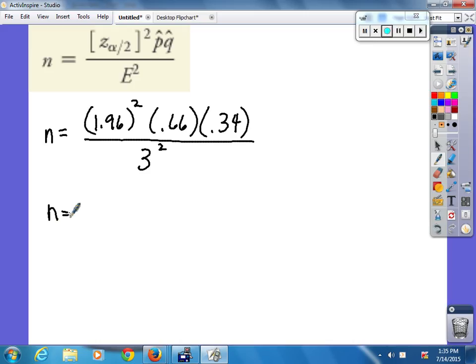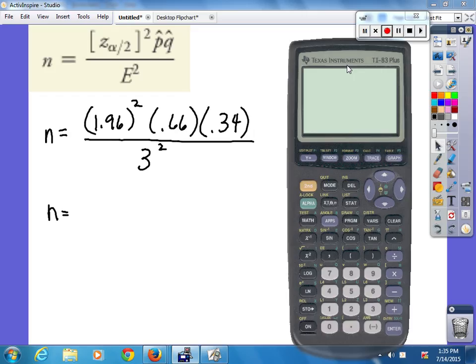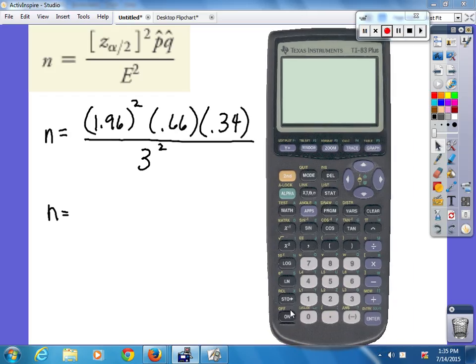Crank out that math. So that's going to be 1.96 squared times 0.66 times 0.34. That's supposed to be 0.03, is it not?